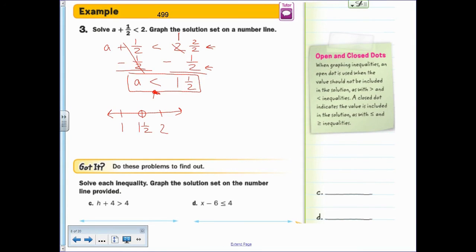And then a is small because the alligator is turning its back on the variable and is running away. So since the small numbers are always to the left, our arrow is going to go to the left.